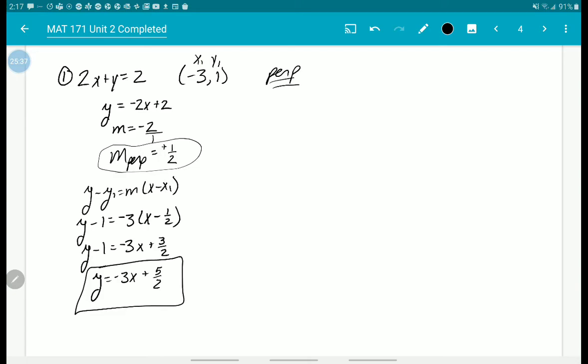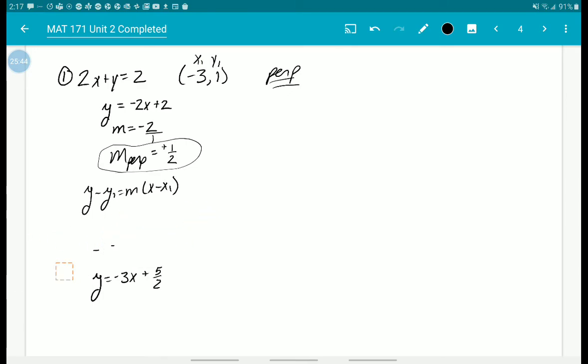So there's our line. Oh, just kidding. Let's go back. Sorry, I used the wrong number. Our slope is 1/2. So y minus 1, that's our y1, equals 1/2 times x minus -3.